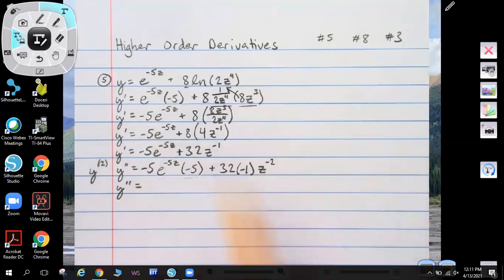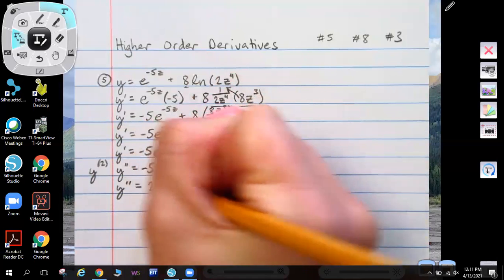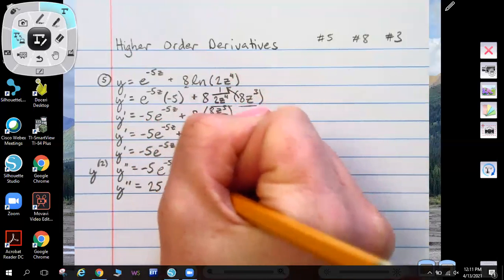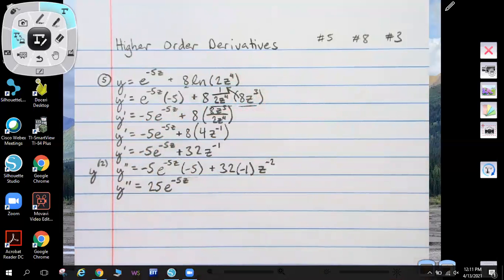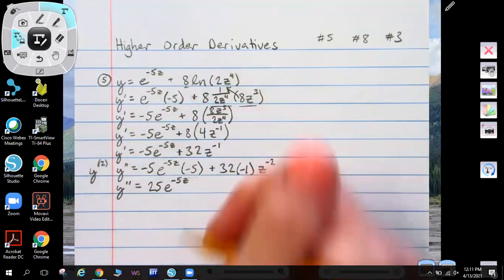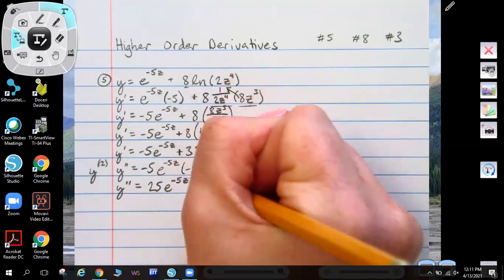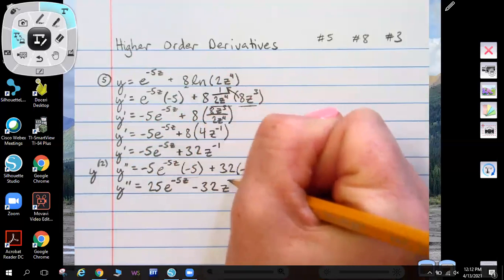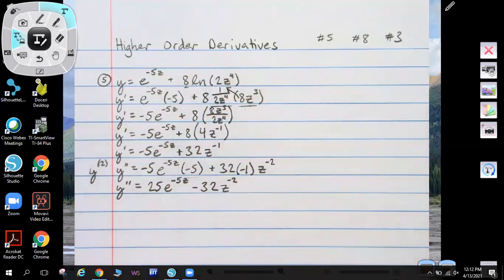Okay, negative 5 times negative 5 is going to give us a positive 25 e to the negative 5z. 32 times negative 1 is going to give us negative 32 z to the negative 2 power. Okay, that's the second derivative.